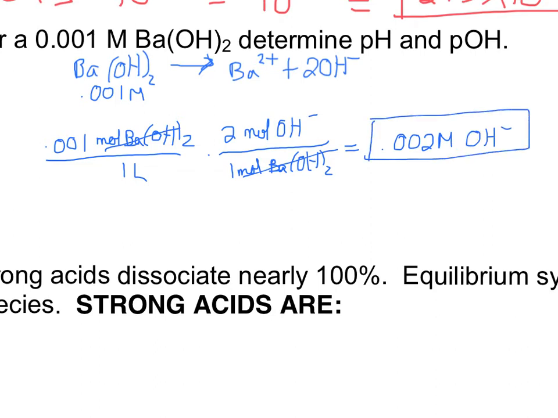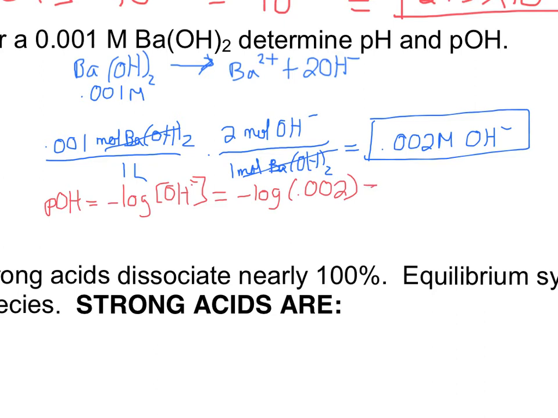Okay. Now, the reason why we find the OH minus concentration is so we can find the pH and the pOH. And it would be easier to find the pOH first since this is the OH minus concentration. So you can say that pOH is equal to negative log of the OH minus concentration. So it is equal to negative log of 0.002.